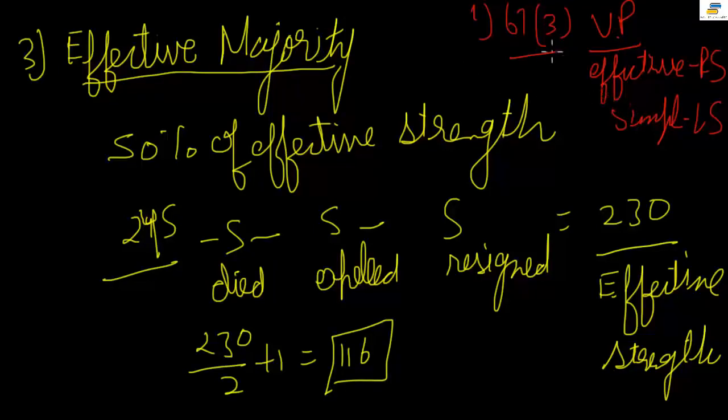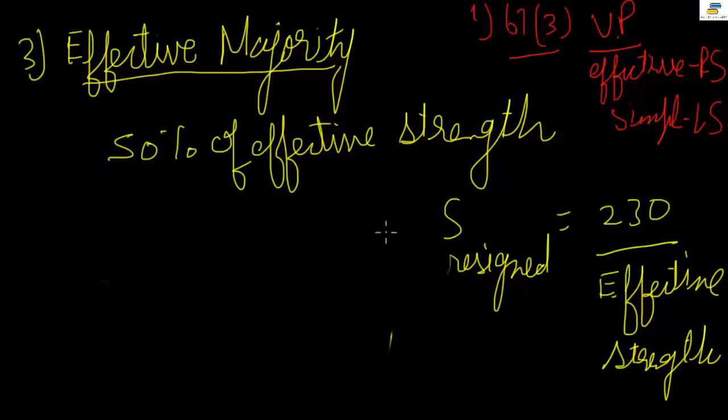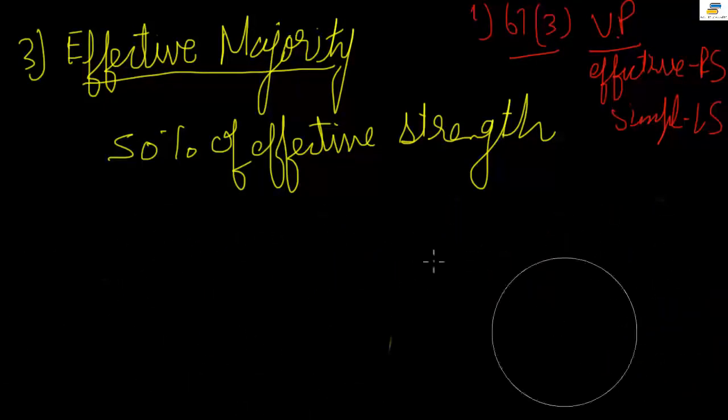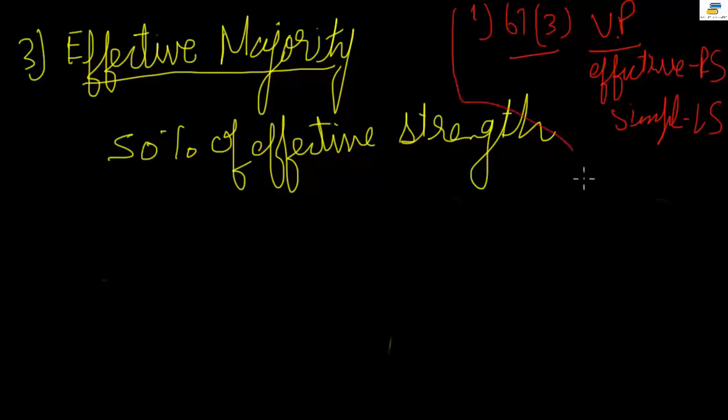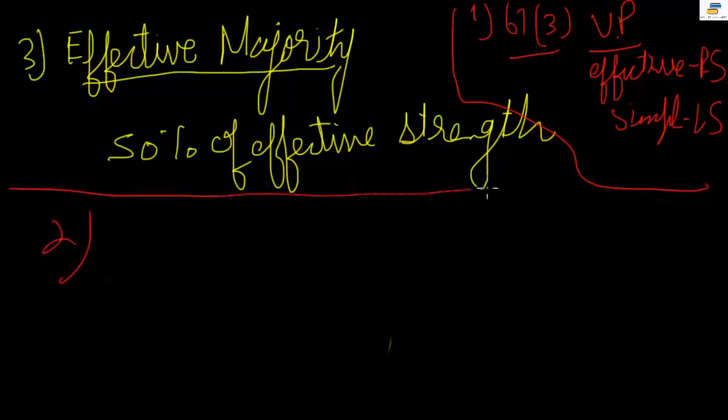And now this is just one part of it. Let me rub this so that you can have the places where it can be used in one view. Now this is number 1, right? Now number 2, let's talk about 2. Now we're talking about the places where effective majority is to be used.